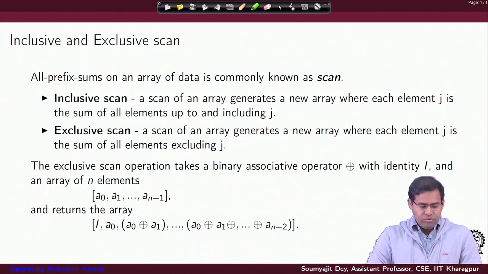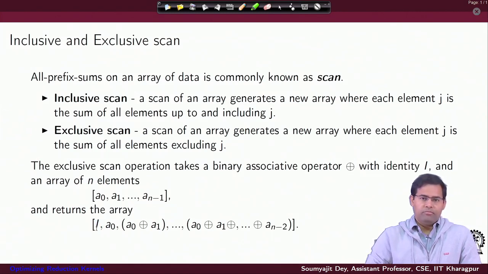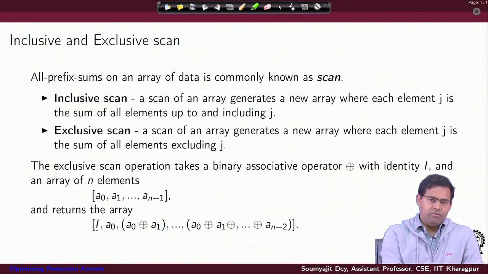If I am doing an exclusive scan, then considering A0 up to An minus 1 as my input, the output that I am looking at is, at the initial position, I am not having A0. What I am having is I, the identity of the operation that is being given here. Considering that the operation is addition, the identity would be 0, so I would write a 0 here. In general, I am writing the identity of the operator under question.